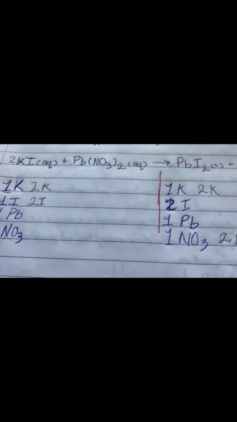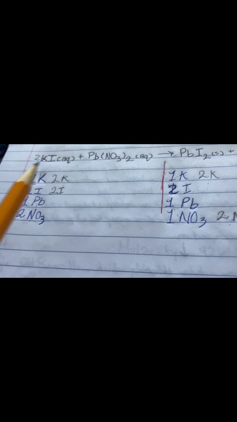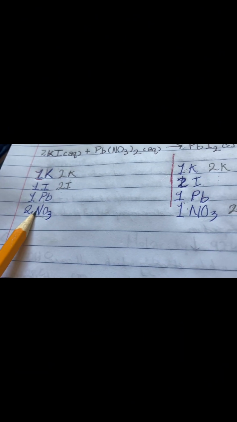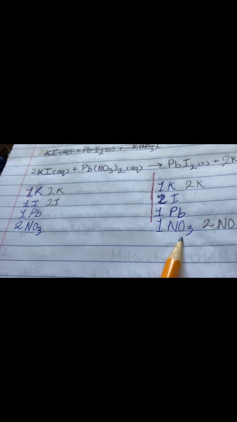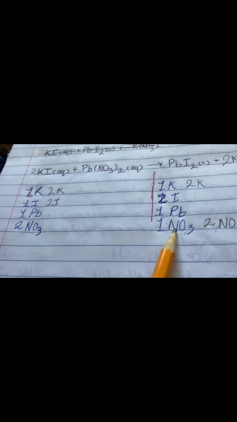So now, when we look, we have 2 potassium atoms, 2 potassium atoms, 2 iodine atoms, 2 iodine atoms, 1 lead atom, 1 lead atom, 2 nitrate atoms, 2 nitrate atoms.